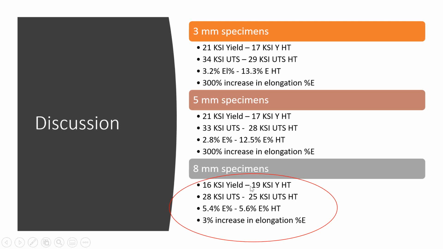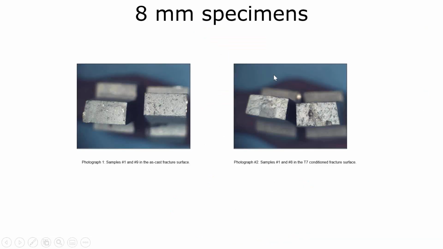When we look at that, we look at the 3 millimeter specimens, the 5 millimeter specimens, and then the 8 millimeter specimens, non-heat treated and heat treated conditions, and then the elongation. Once again, because of defects in those thicker sections, we didn't get the elongation response that we got from the thinner sections. So my recommendation, once again, would be to stick to the 3 to 5 if you're going to machine specimens out of the die castings.